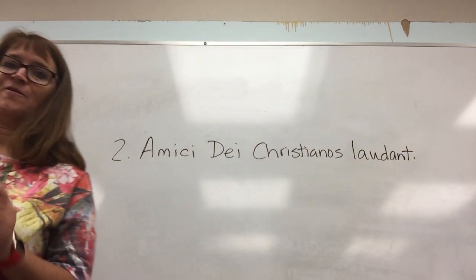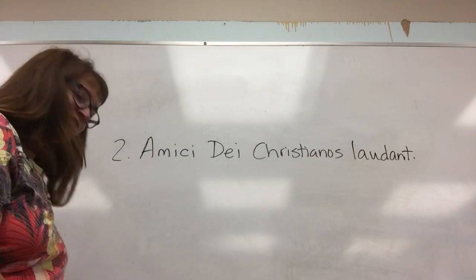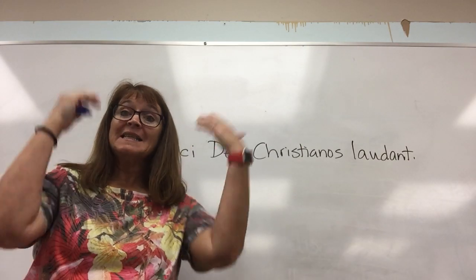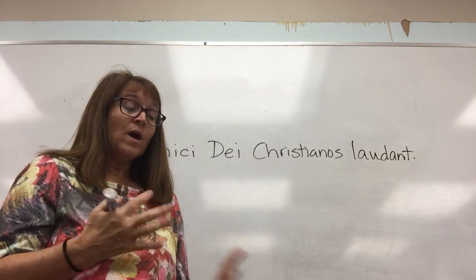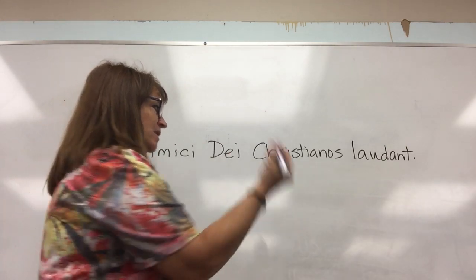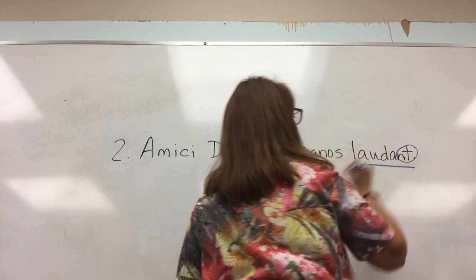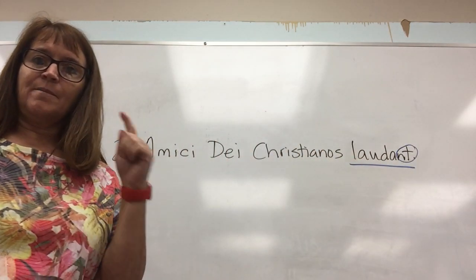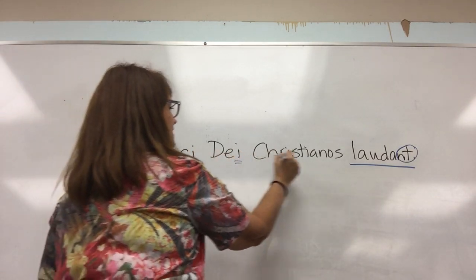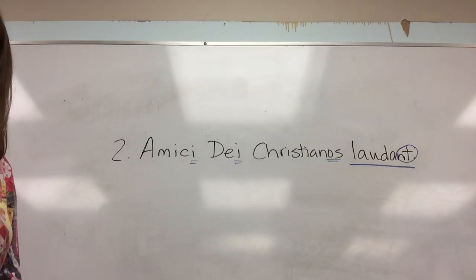Okay, so before I do anything, you tell me, what am I looking at first? That's right, the verb. I'm going to look at the verb to see what kind of subject I'm looking for. Am I looking for a singular or a plural subject? So I'm going laudant. Ooh, I see that NT. So I know I'm looking for a plural subject. So let me look at all my endings and try to decide what could be my endings.